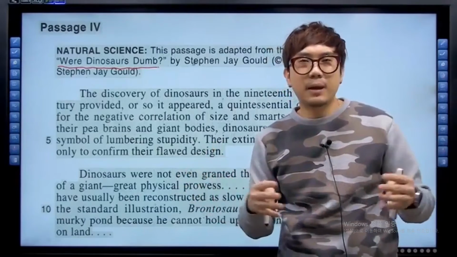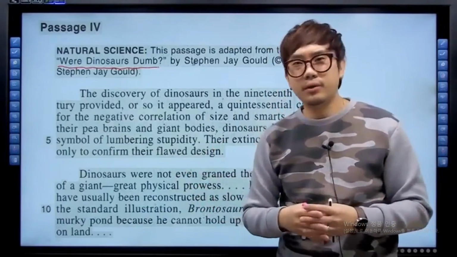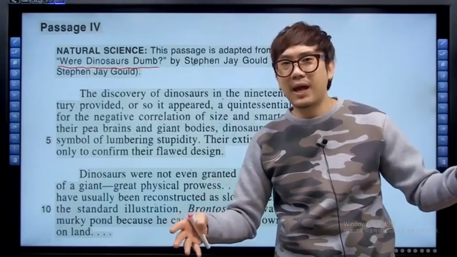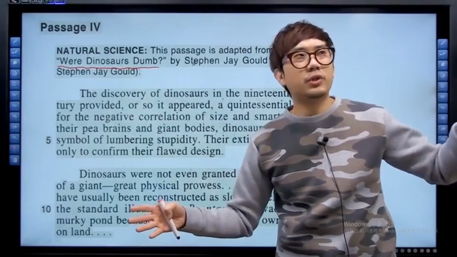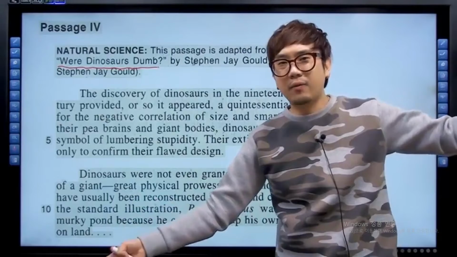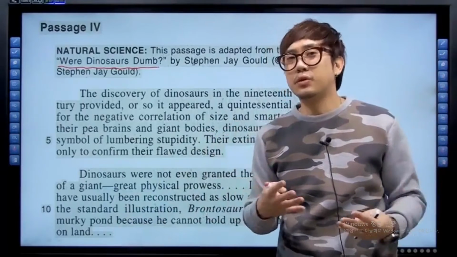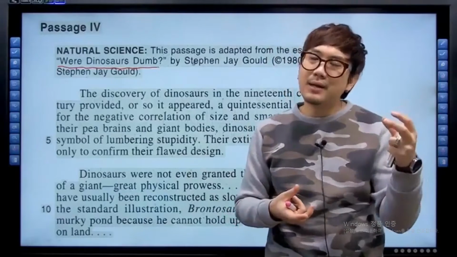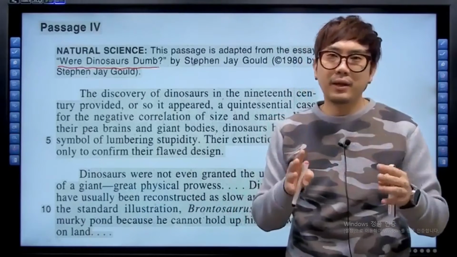I mean, for example, Brachiosaurus. Brachiosaurus was a herbivore. It was a plant-eating dinosaur, which was 20 meters, 30 meters in height, and whatever. I mean, these creatures were big, and compared to their body size, their brain size was very, very limited, right?